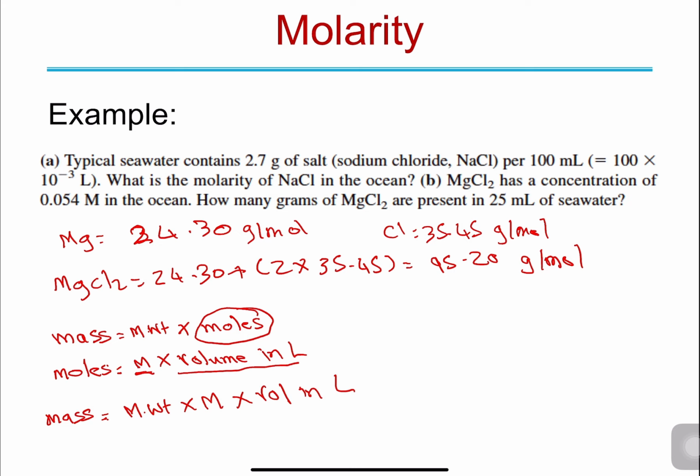So the molecular mass of magnesium chloride is 95.20, molarity is 0.054 molar, and the volume here is 25 ml, so in liters this is 0.025 liters.